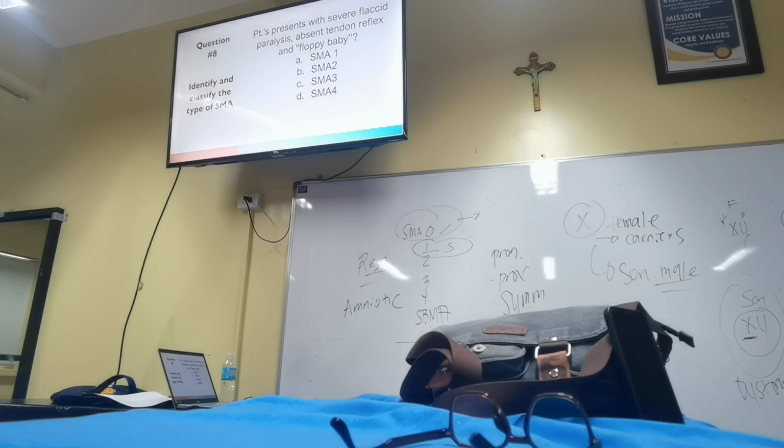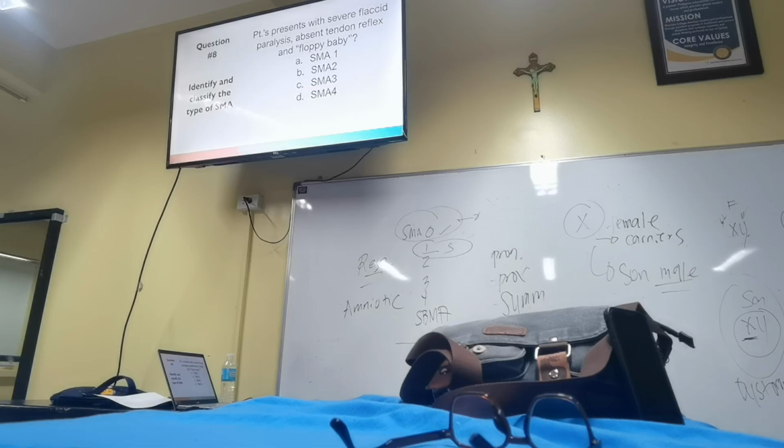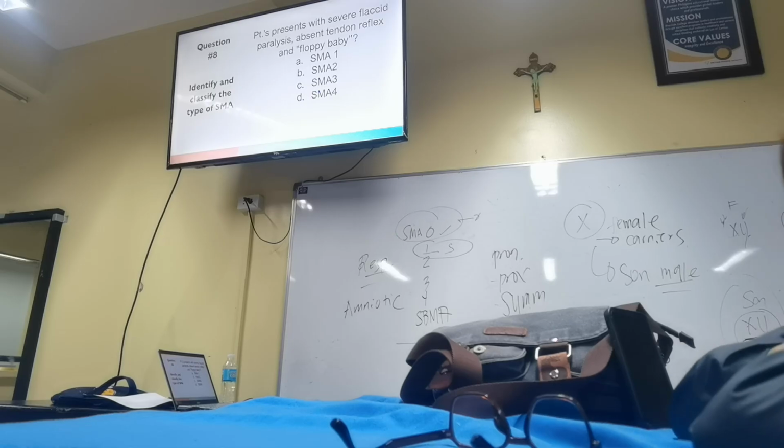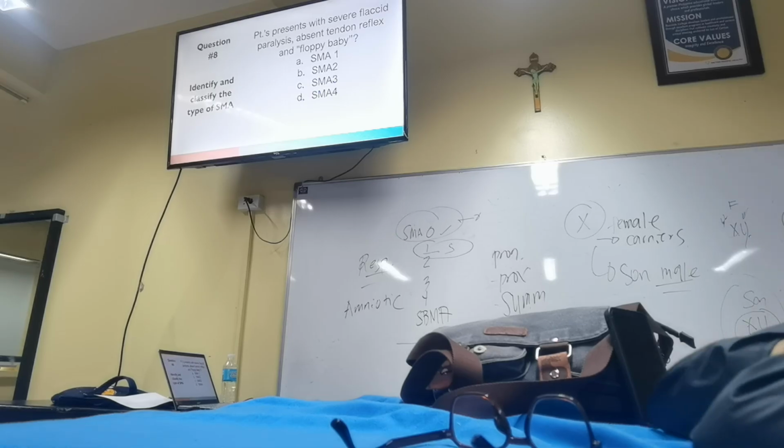SMA 2 will manifest with... Okay. Guys, the answer here is 1. You get what I mean? Because there is a severe flaccid paralysis.